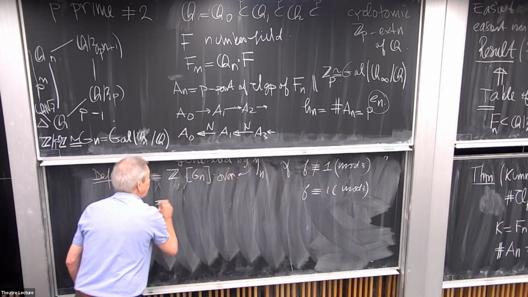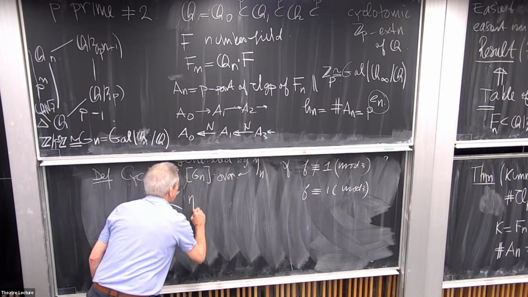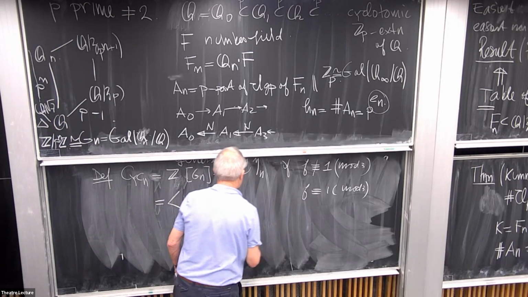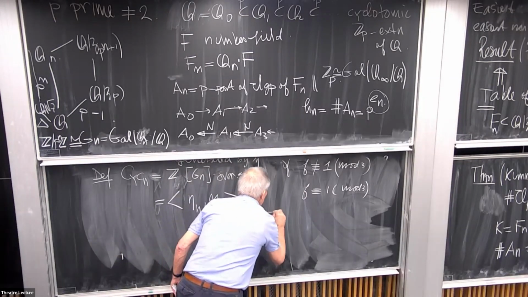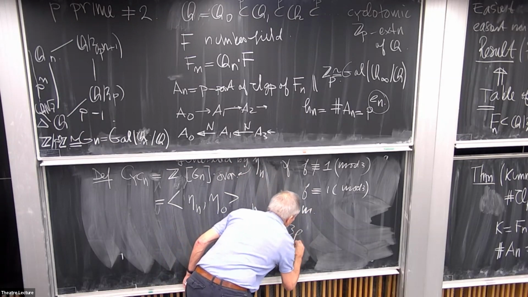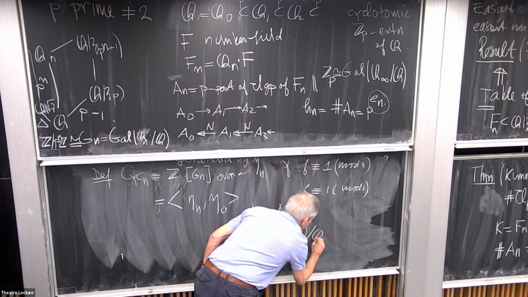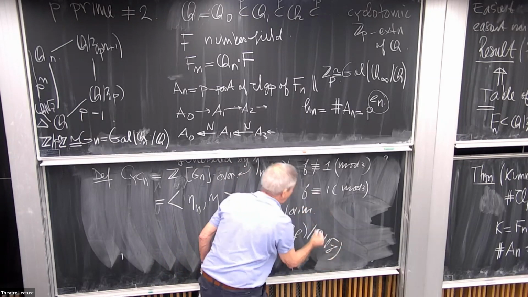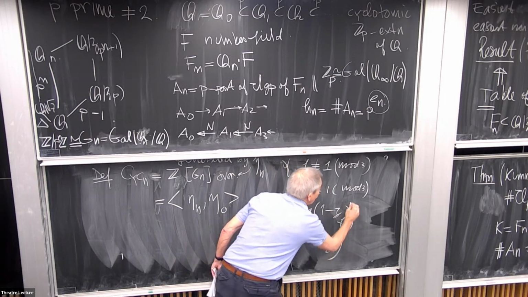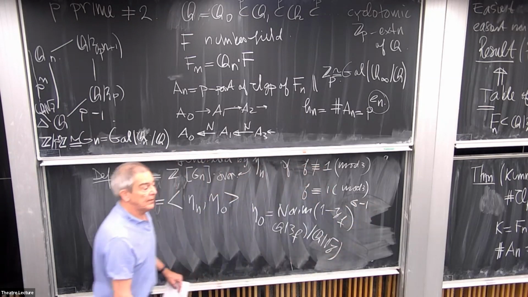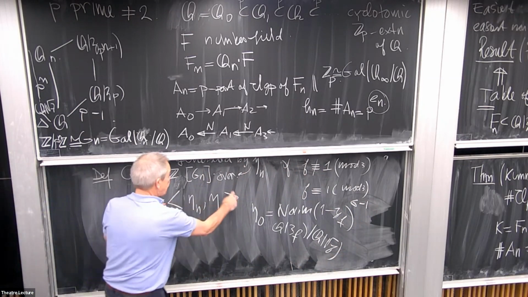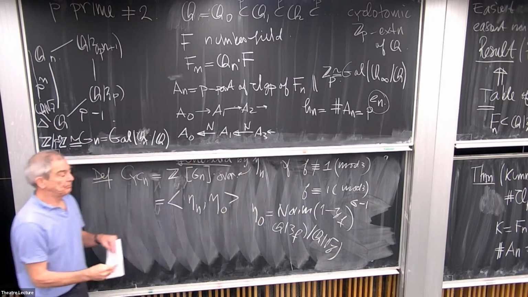So it is generated by eta n and by eta 0 in this case. And eta 0 is simply the norm of 1 minus zeta_F from Q(zeta_F) to Q(square root F), and the whole thing, take the minus part. So you have to add that in this case, generated over the group ring.